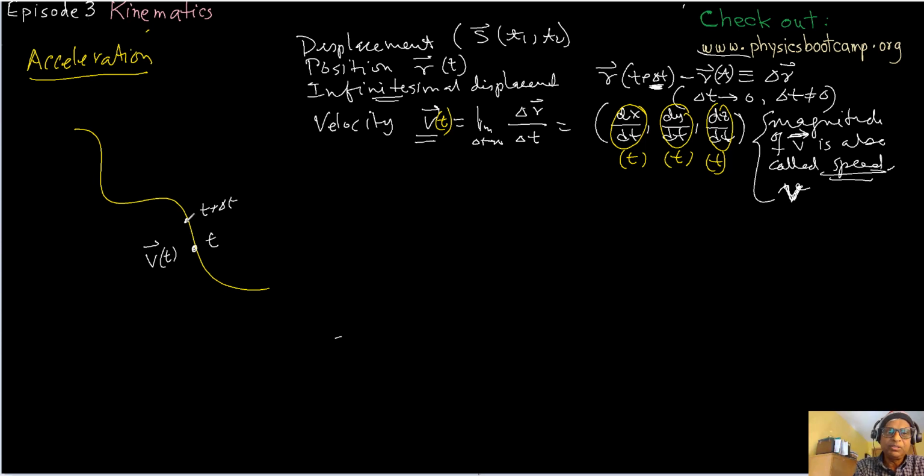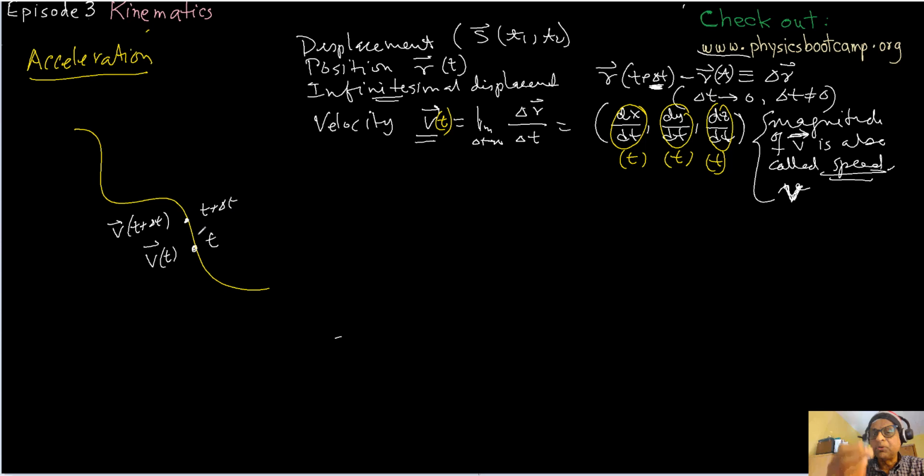We'll call it v. What's the velocity when it's over here? Well, it will be at a time a little bit later, because if I know the position at all times, we know the velocity at all times.